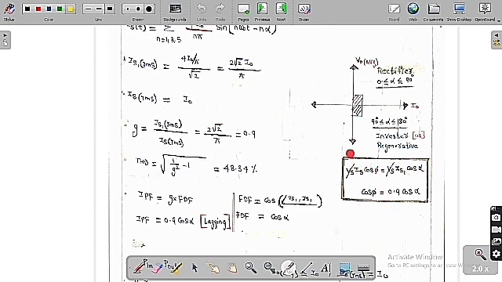These both Vs RMS terms get cancelled. Then the input power factor is equal to Is1 by Is, which is called the distortion factor, here 0.9, times cos alpha. So input power factor is equal to 0.9 cos alpha. So 0.9 is called the distortion factor, and cos alpha is called the fundamental displacement factor.